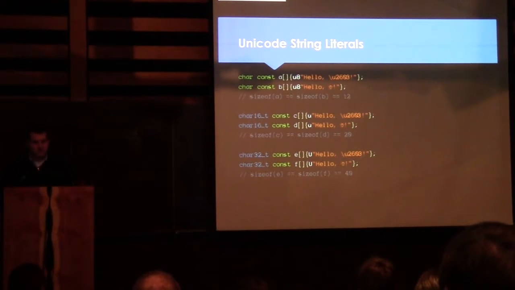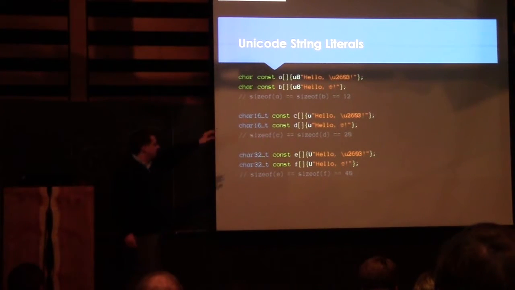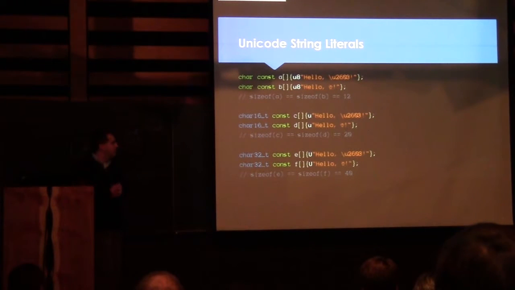A lowercase u means a 16-bit UTF-16 string literal, and a capital U means a 32-bit UTF-32 string literal. You can represent Unicode characters outside the normal set of English characters either using universal character names with \u and then the code point number, or, if your compiler supports it, just putting the characters into your text.